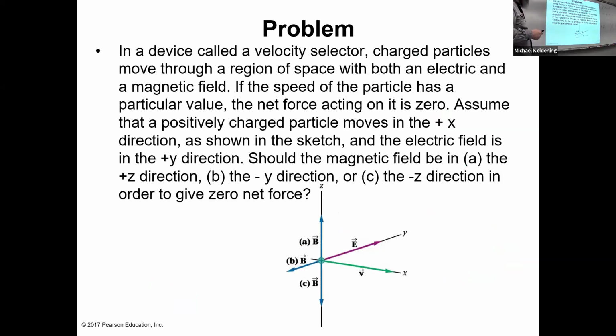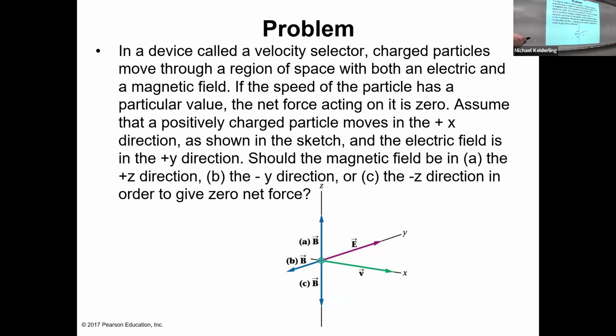This is a device called the velocity selector. It separates charged particles out by their velocity. Charged particles move through a region of space with both an electric and a magnetic field, and if the speed of the particle has a particular value, the net force acting on it is 0.